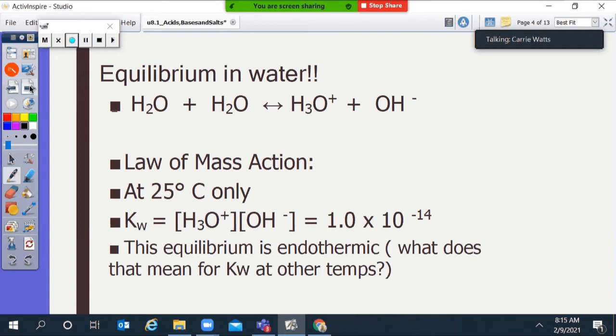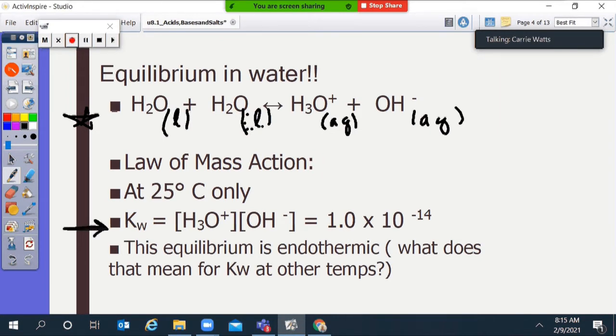Now with this equilibrium in water, we have to make sure we understand our states of matter. So we have two liquids that are pure substances and then two aqueous ions on the product side. So we can actually write our law of mass action for this particular equilibrium in water.